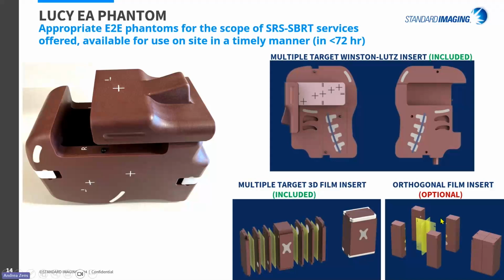An optional accessory is our orthogonal film insert, which has 3 different targets of 3 different sizes along that central axis. It also includes a solid plug with an embedded target and 1 drilled plug for the detector of choice, included with the Phantom, as you can see, insert from the neck. And then it also contains a large sagittal plane that bisects the vertebral structure.